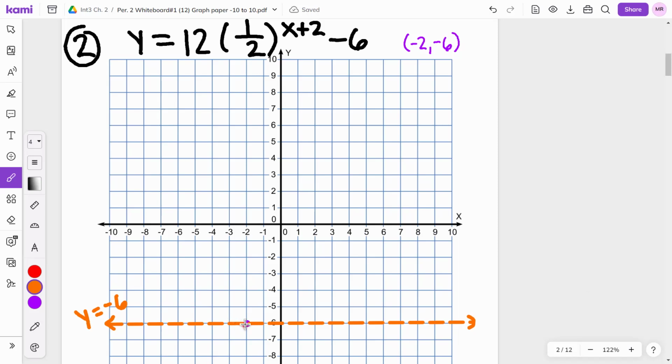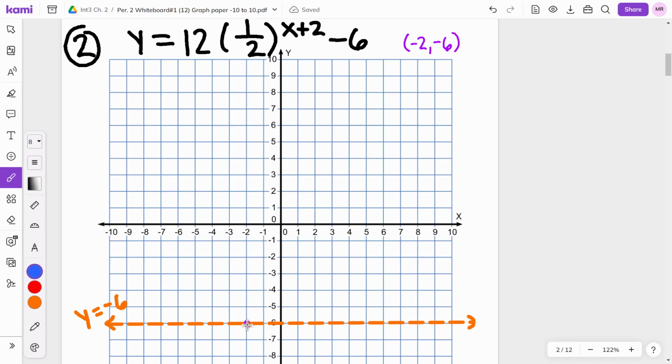And then from this locator point, that is where you're going to start your graph. So when my A is 12, from here, I am going to be starting 12 above my asymptote.